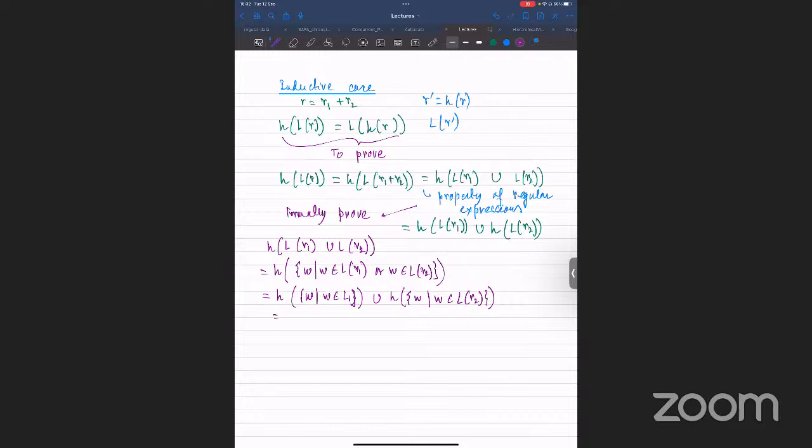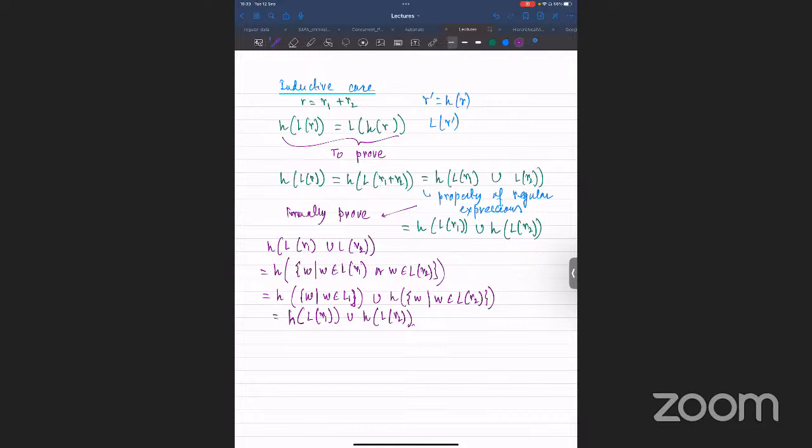Which is equal to H of L of R1 union H of L of R2. Clear? So this is there.